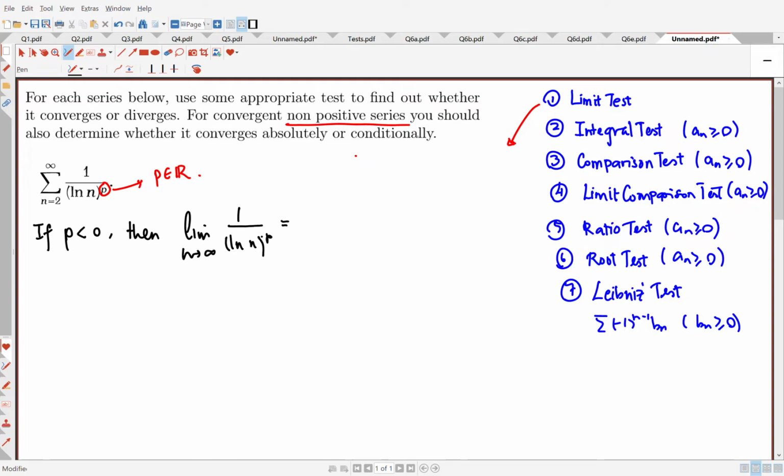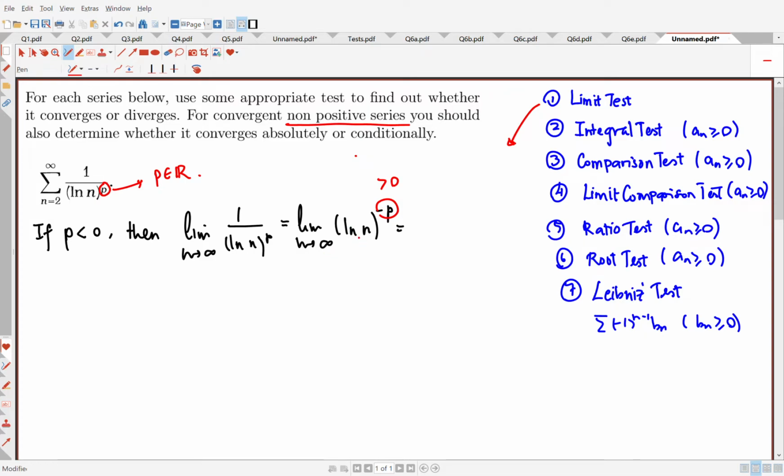If p is less than 0, this will be limit n tends to infinity of ln n power minus p, and this minus p will be more than 0.